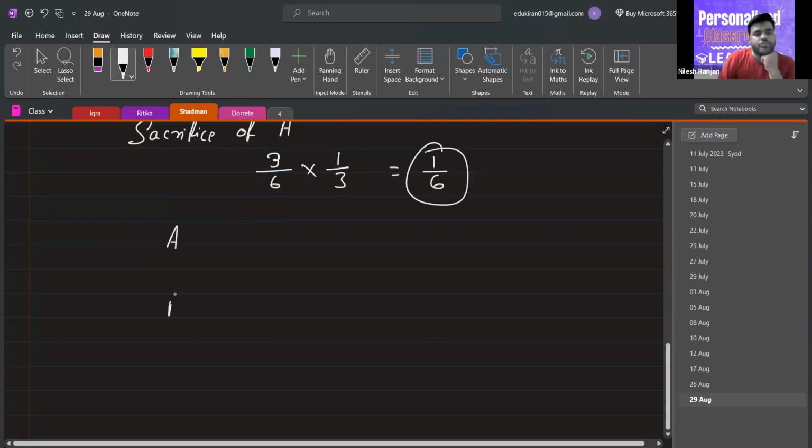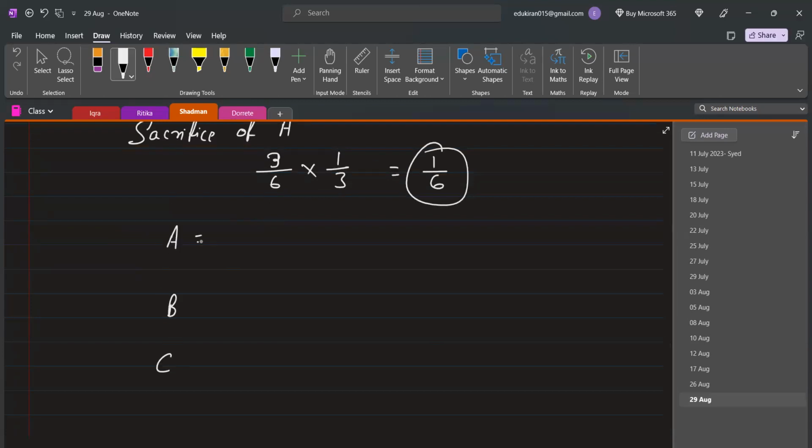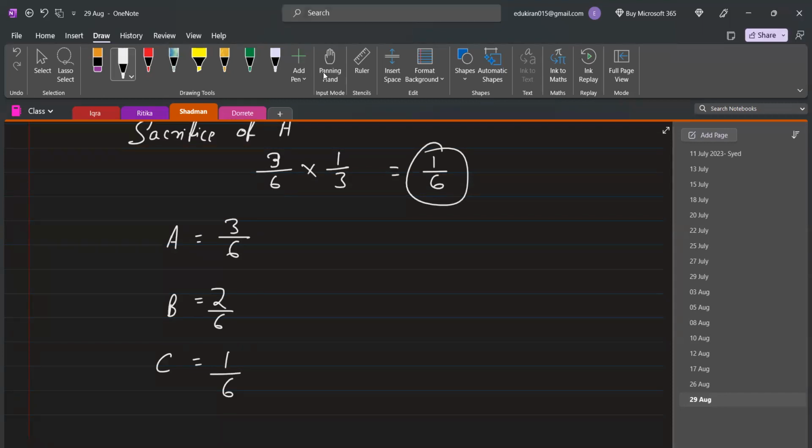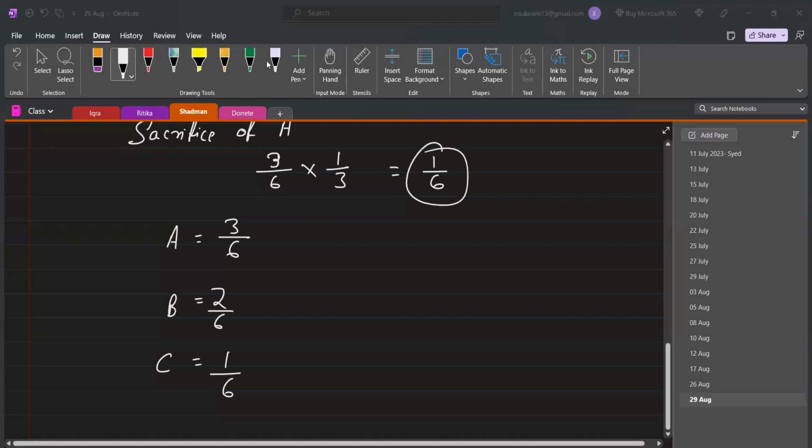So what do we have to do? A's old share was 3/6, B's old share was 2/6, and C's old share was 4/6. Now we have to subtract 1/6 from A's 3/6 and add it to C's share. We deduct it from A's share and add it to C's share.